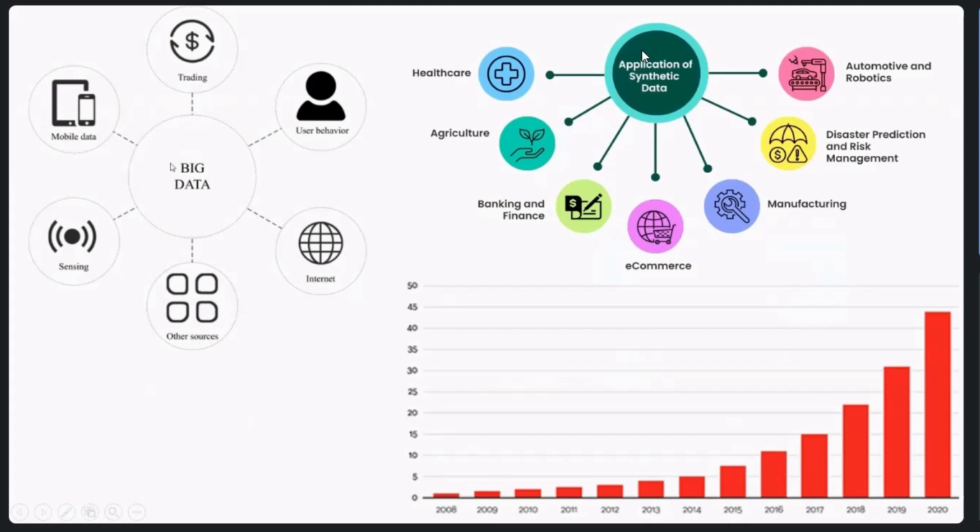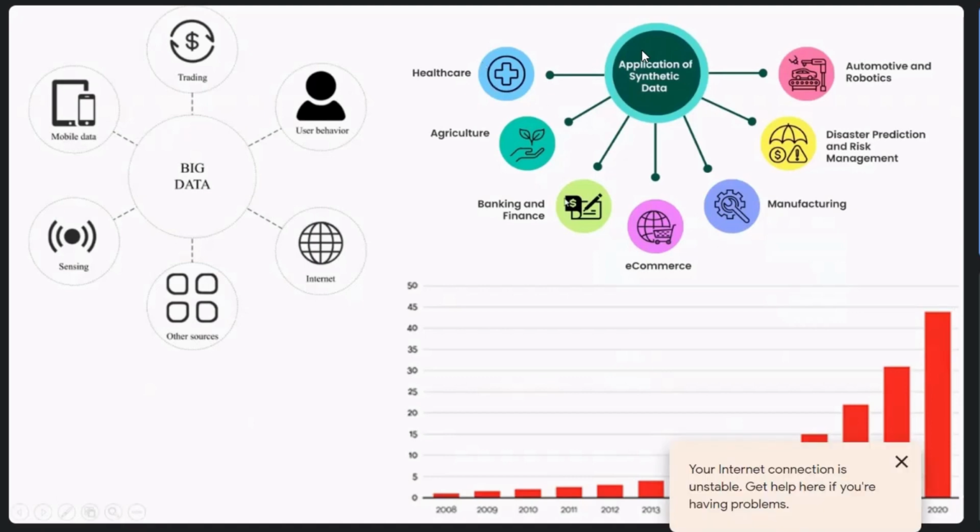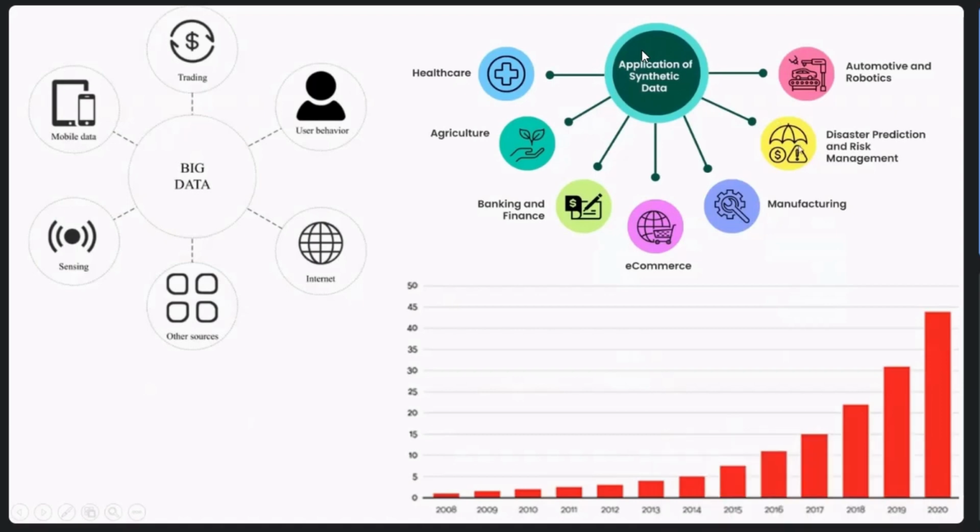And the use of these apps, the use of this data generation and the need for data analytics is growing exponentially. You can see this chart. The use of data analysis is going up exponentially. You can also see all these sectors where a lot of data are being generated.